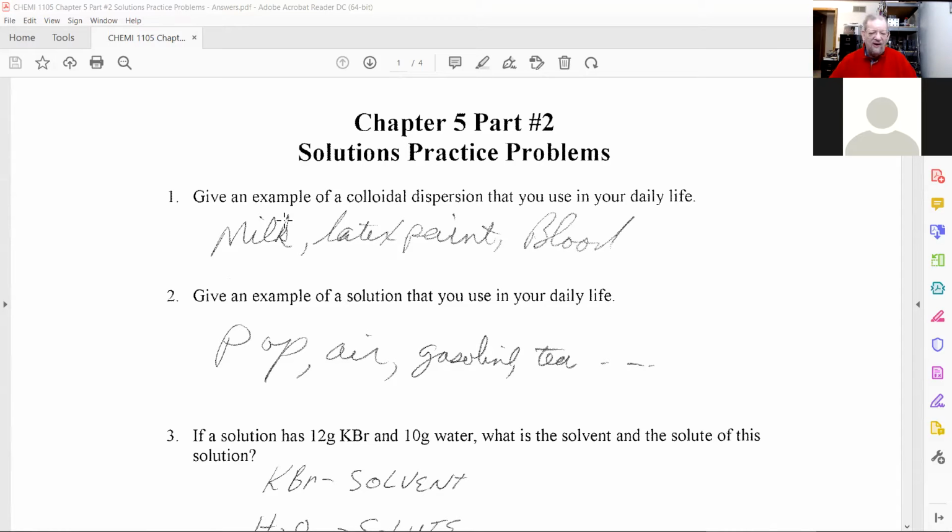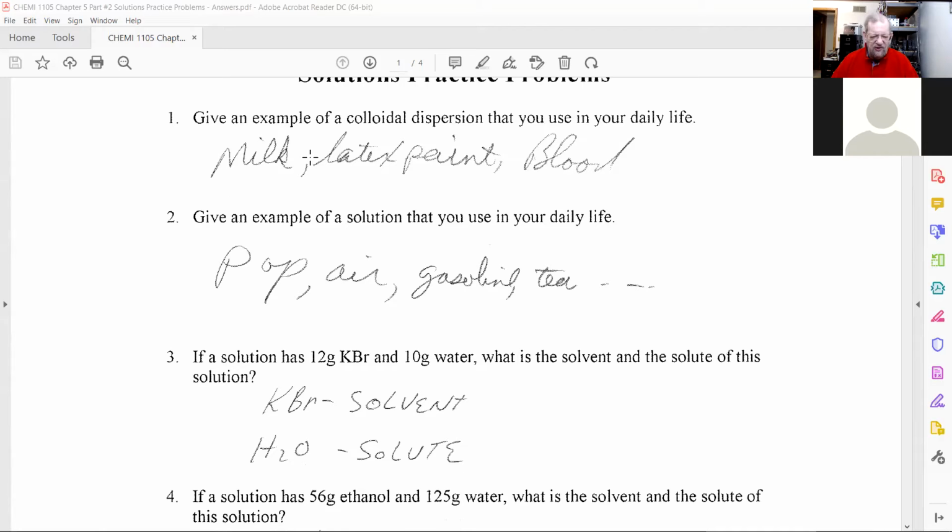Now, when we talk about solutions, there are two important terms you should know: solute and solvent. The solutes of a solution are the components present in a smaller amount compared to the one component that's in the greatest amount. The component in the greatest amount is called the solvent.